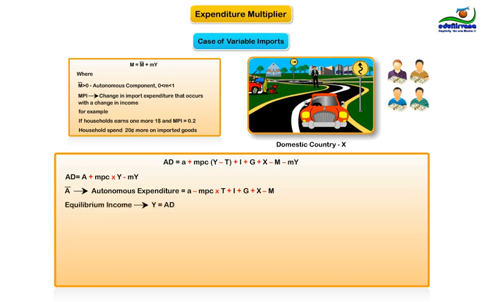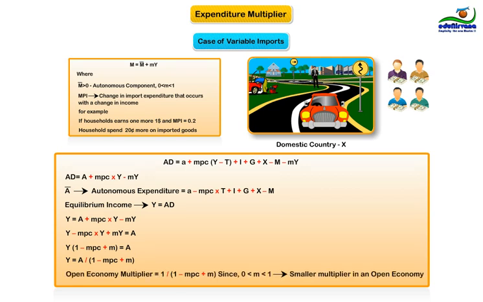And the equilibrium income would be Y is equal to AD, which can be written as Y is equal to A plus MPC into Y minus mY. Solving for Y, we get Y minus MPC into Y plus mY is equal to A. Y multiplied with 1 minus MPC plus m equals A. Y is equal to A divided by 1 minus MPC plus m.